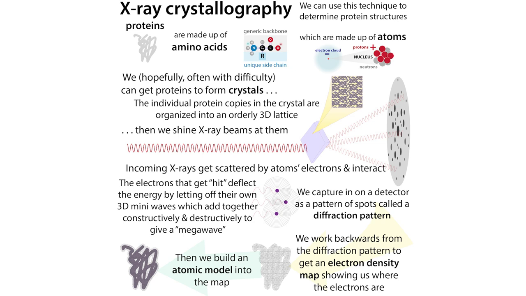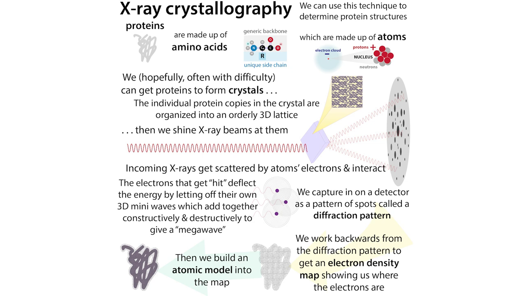The X-rays are going to interact with the electrons in those protein molecules or whatever other molecules. You can do this with nucleic acids and things. Those electrons are going to basically scatter those X-rays, and those scattered X-rays are going to interact with one another. They can build up or cancel each other out. This is going to give you a diffraction pattern, this series of spots.